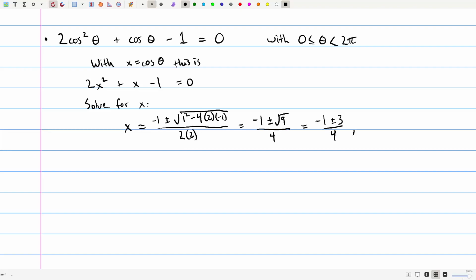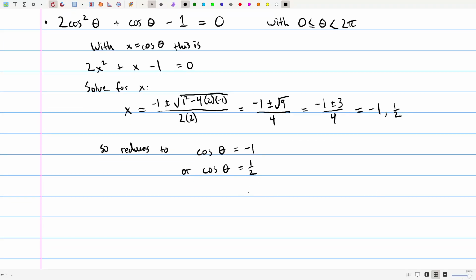So minus 1 minus 3 over 4 gives us minus 1. And if we do minus 1 plus 3, we get 2 over 4, which is 1/2. Okay, so we have two cases. Either cosine is minus 1 or cosine is 1/2.